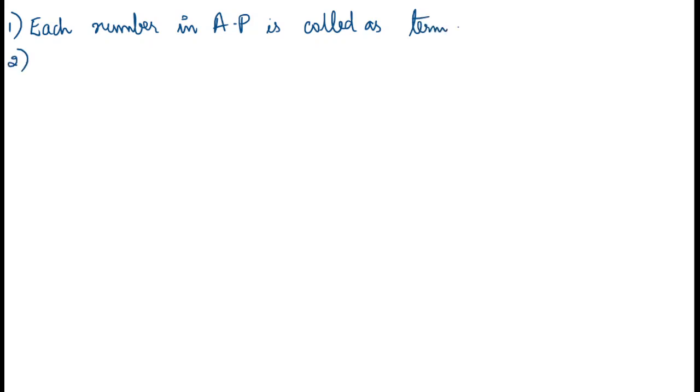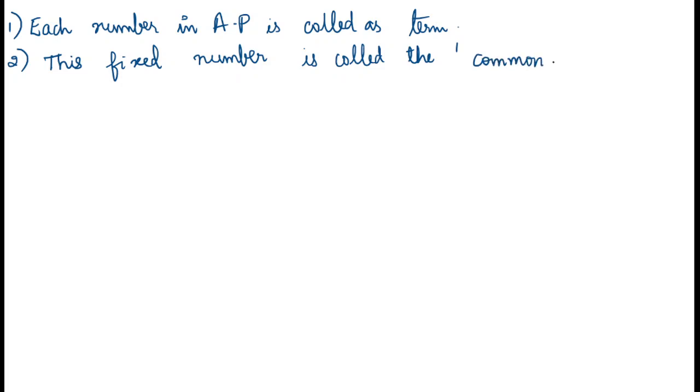The second point: this fixed number is called the common difference, D, of the AP. Here I write a note regarding the common difference.